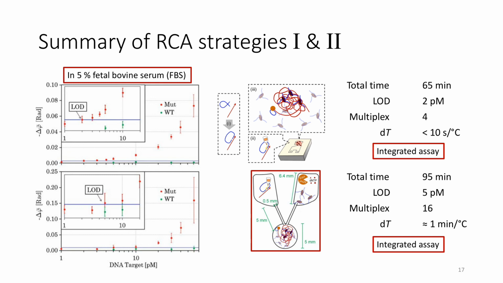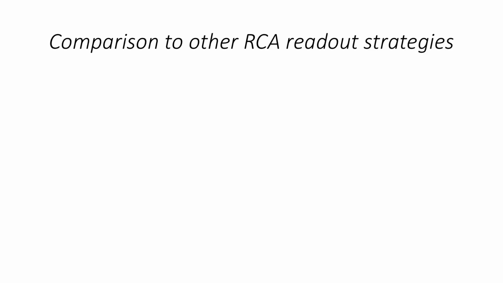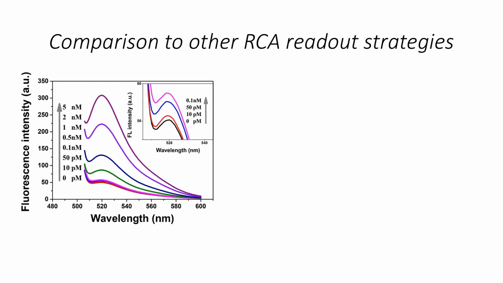Let me just give a quick comparison to a few other examples of rolling circle amplification readout strategies. A classic approach to detect rolling circle amplification is based on fluorescence intensity.